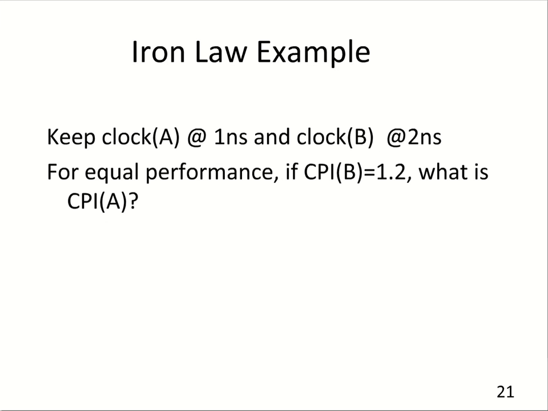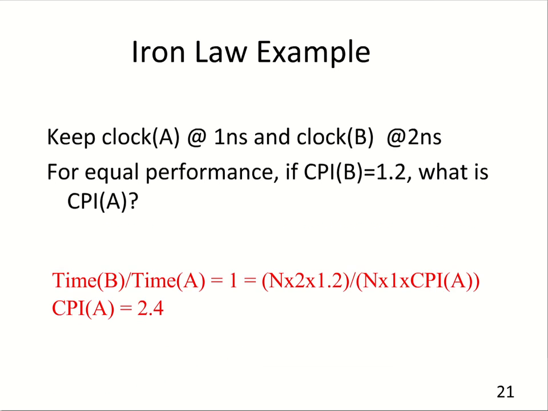Let's extend this example a bit further. If we keep the clock of A at 1 nanosecond and the clock of B at 2 nanoseconds, what would we have to achieve in terms of CPI on machine A to get equivalent performance for the two machines?